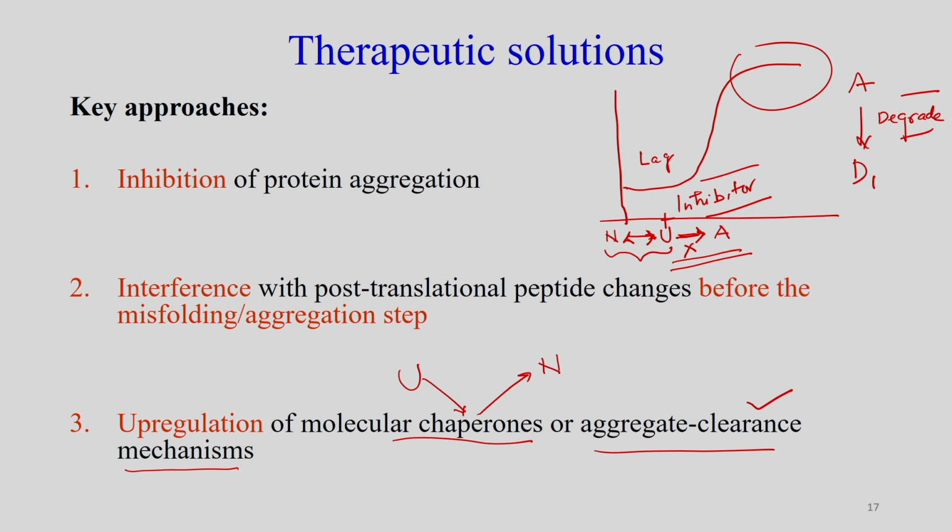We discussed various steps: modifying the unfolding process, or refolding from the unfolded state to the native structure, or blocking the aggregation process after the nuclei form, or, once an aggregate is there, devising an aggregate clearance mechanism or degrading those aggregates so that they can be secreted out by the body.